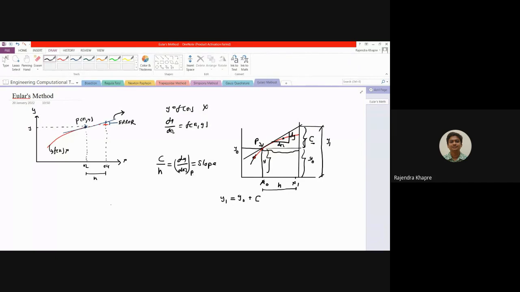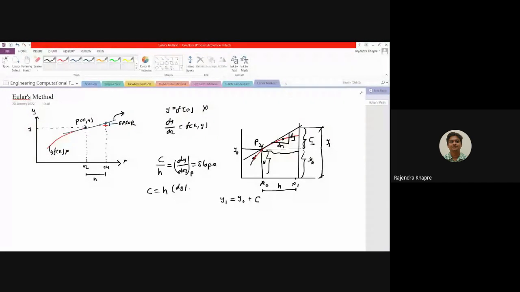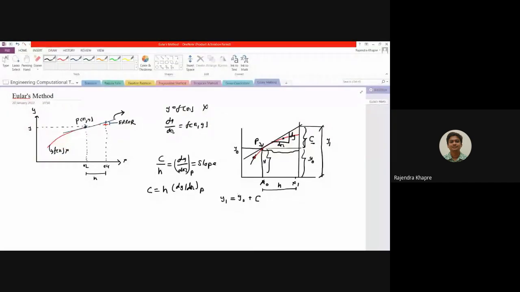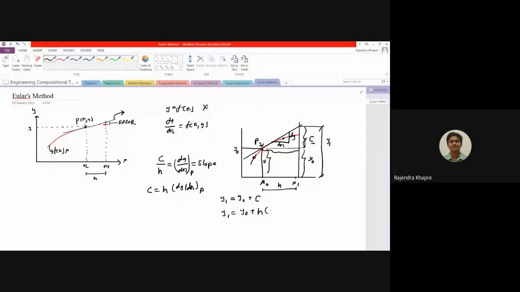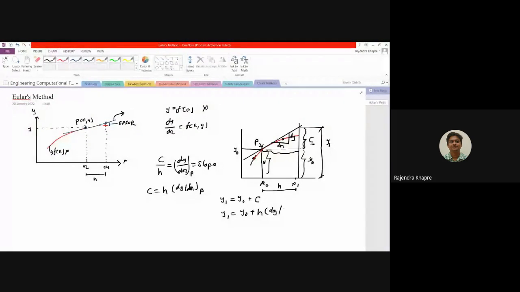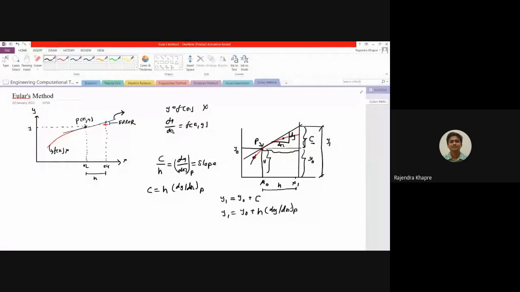Yes, sir. So if you use this particular expression, your c is nothing but h into dy by dx at point p. So I can write a similar expression: y1 will be y0 plus h into dy by dx at point p, which is the given point.